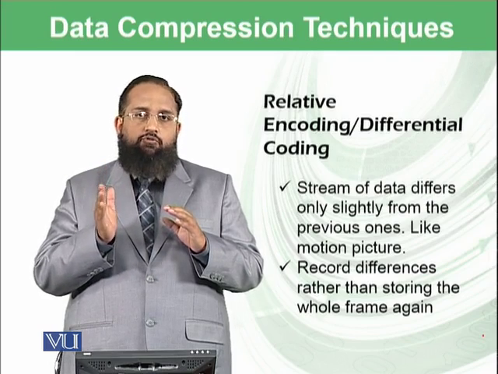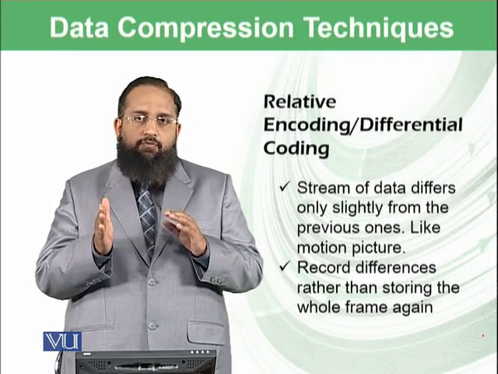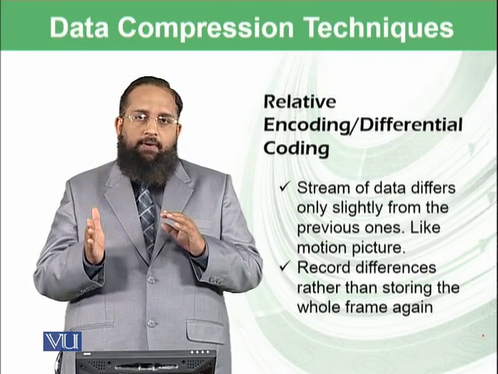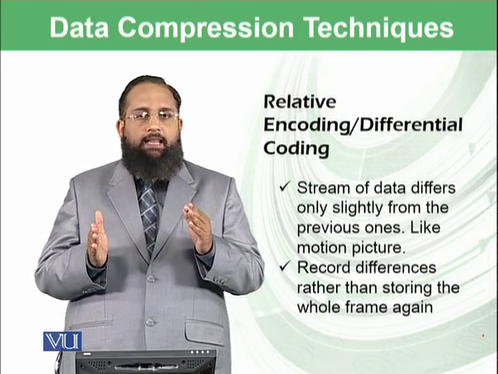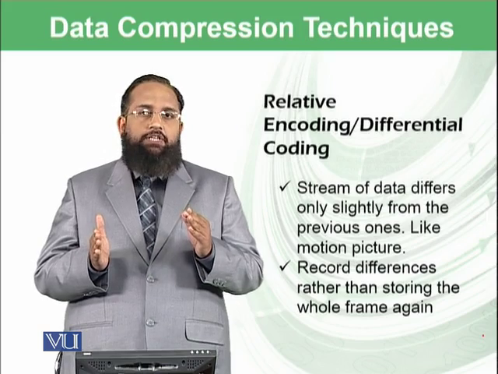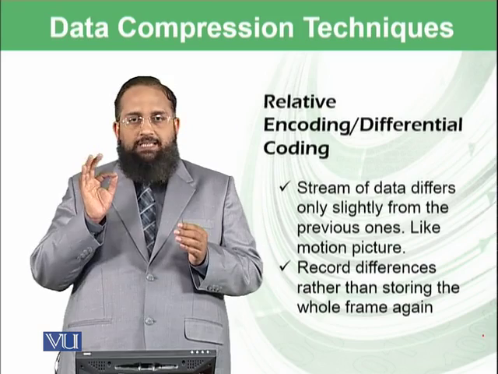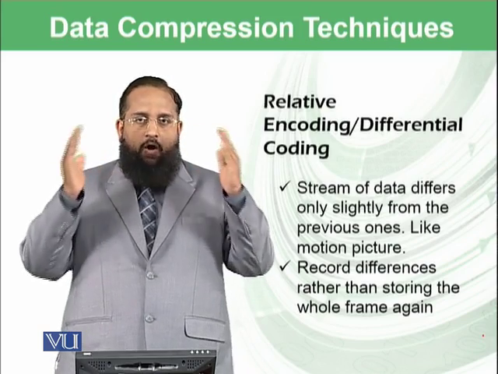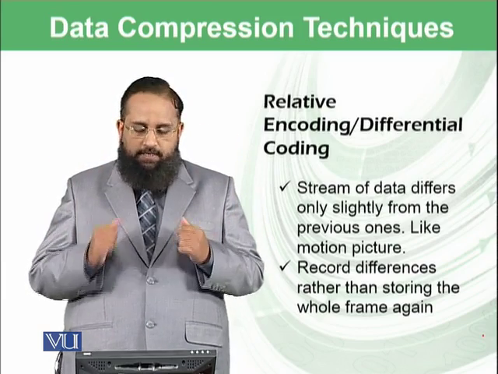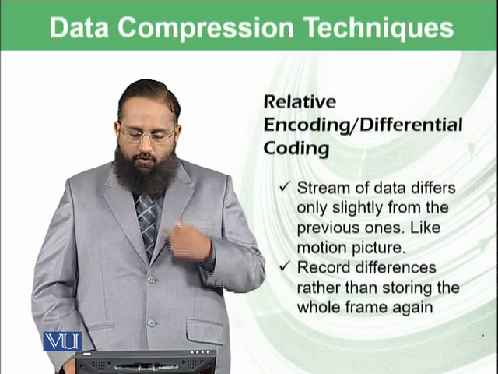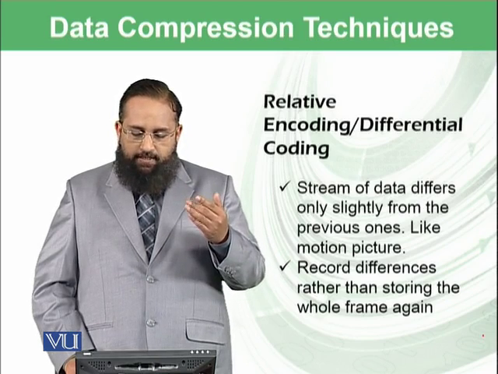So you just need to store the difference between frame number 0 and frame number 1, and then the change from frame number 1 to frame number 2. You just need to save that change, and the whole picture can be stored once. So record differences rather than storing the whole frame again.